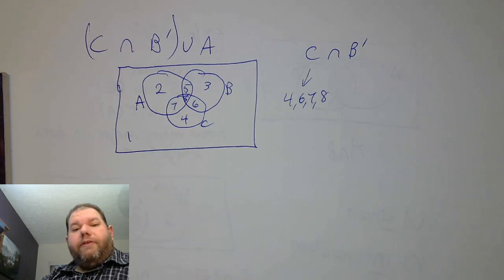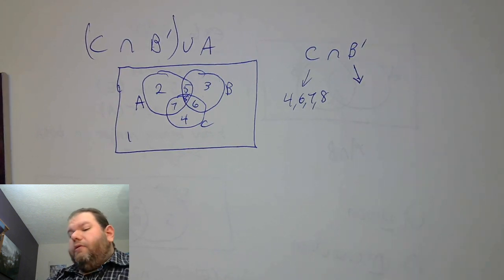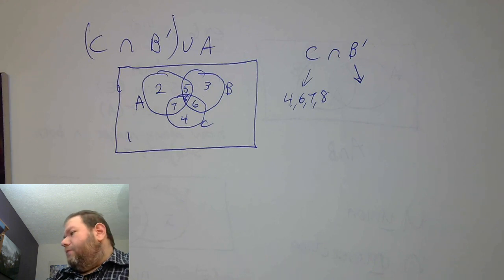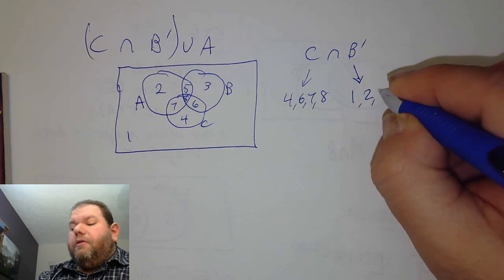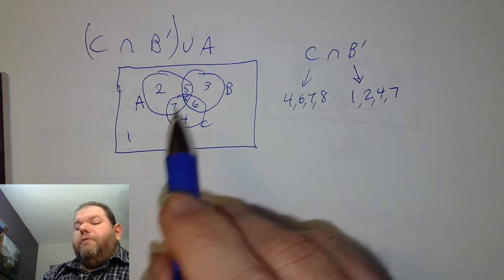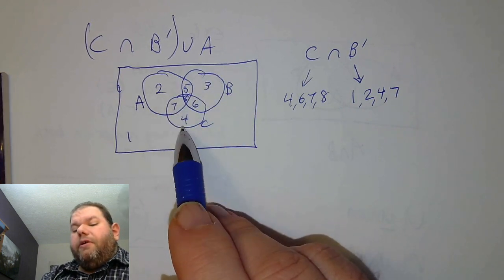It's everything that's outside of B. Right? 2, 4, 7, and 1. Yeah, we want everything that's outside of the circle B, so that would be here, here, here, and here.